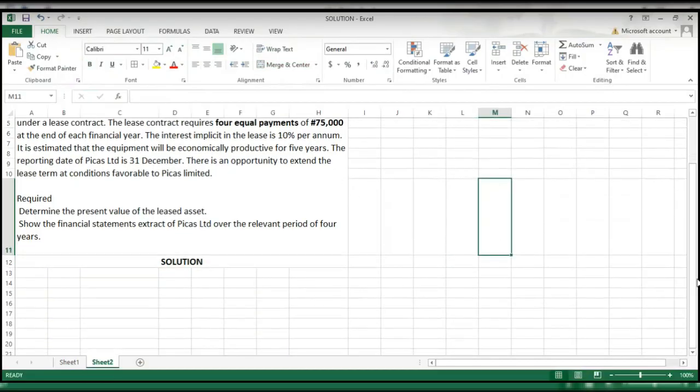And so the first thing, which is question A, is to determine the present value.